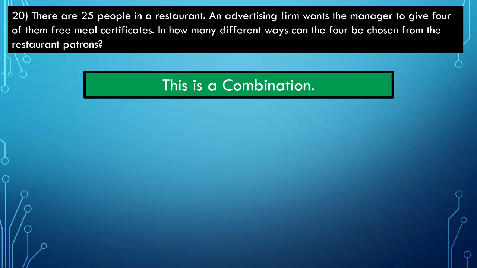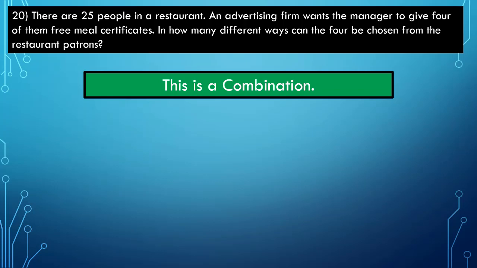If the first person was getting something better than the second person, like maybe they got a free meal for 4, and the second person got a free meal for 2, and the third person got a free meal for 1, and the fourth person got 10% off their next meal, then the order matters because now the prizes are different. But in this situation, the prizes are the same, so it's a combination.